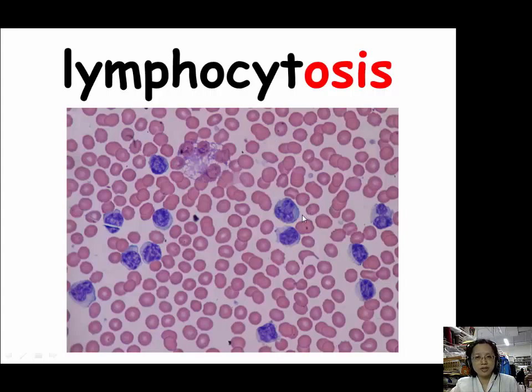Lymphocytes normally represent around 20 to 40% of circulating white blood cells, so there shouldn't be this many in our blood smear.